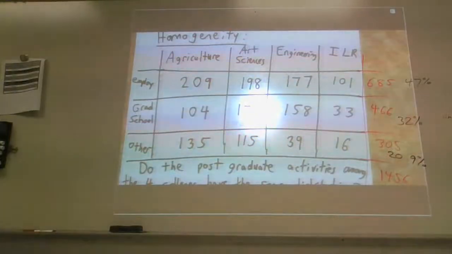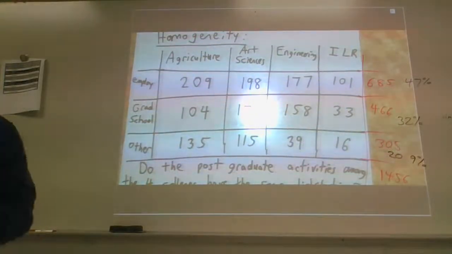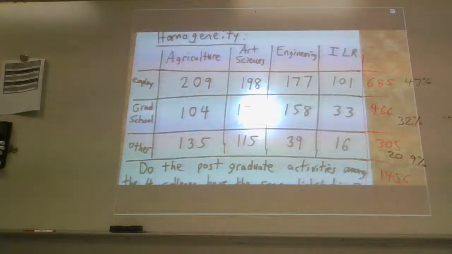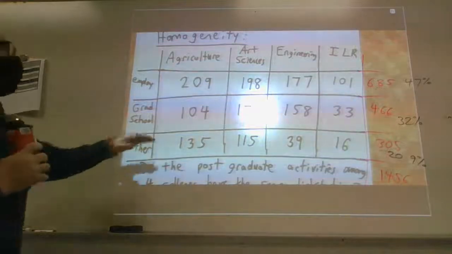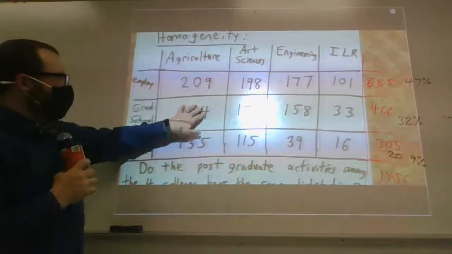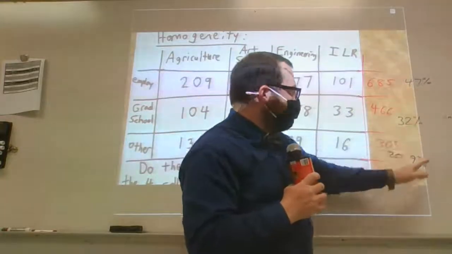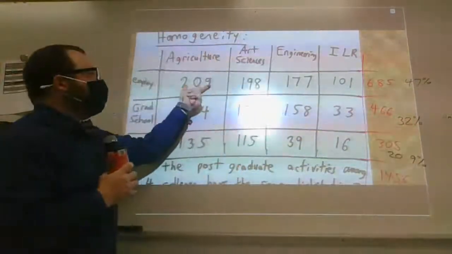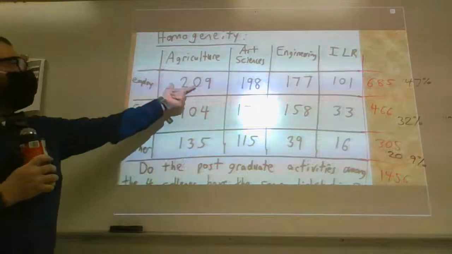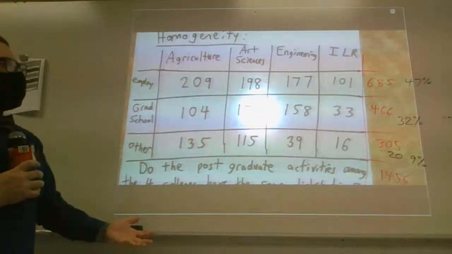And they basically said, okay, we'll go back to the question: do the postgraduate activities among the 4 colleges have the same distribution? So let's compare the distribution of agriculture to these percentages, 47%, 32%, 20.9%, and see how the observed counts match up against the expected.